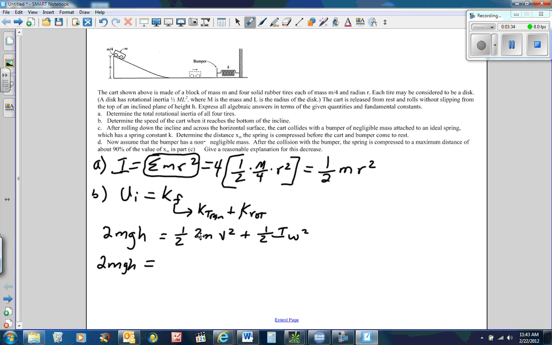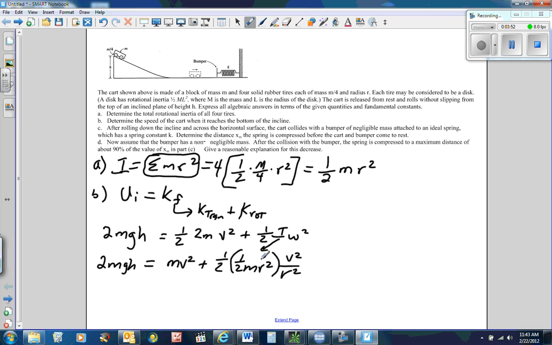equals, those 2's are going to cancel out, so it's going to be mv squared plus 1/2 times I, and I'm going to write I out here, 1/2 mr squared times v squared over r squared.